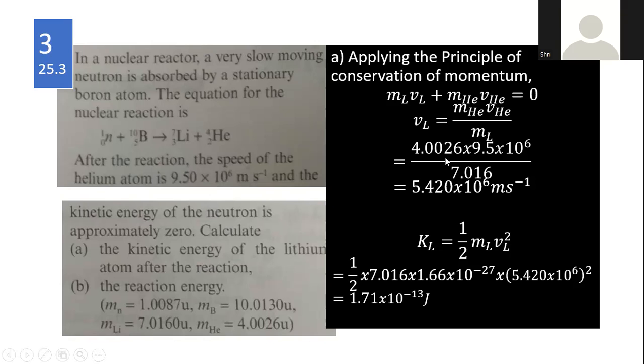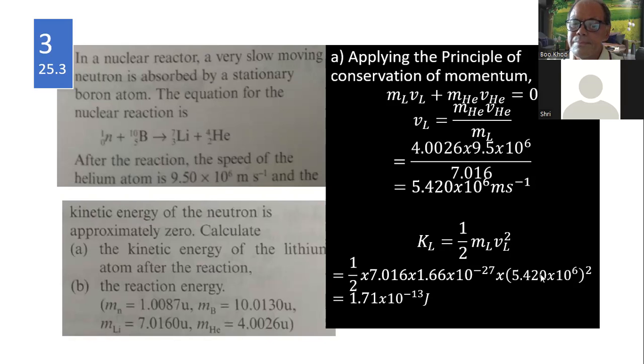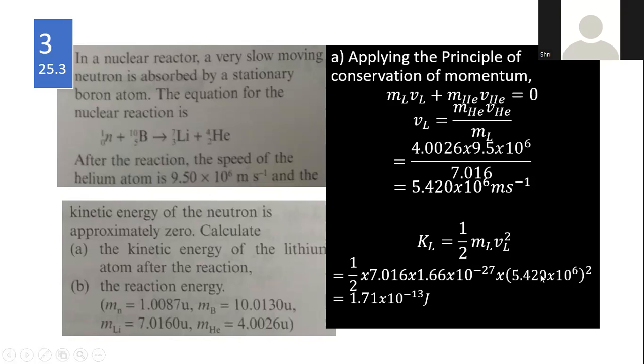I didn't put a negative sign there because it just shows the direction only. Okay, now Srini, anything not clear? Come on, talk to me. Anything that's not clear before we go to the next part?